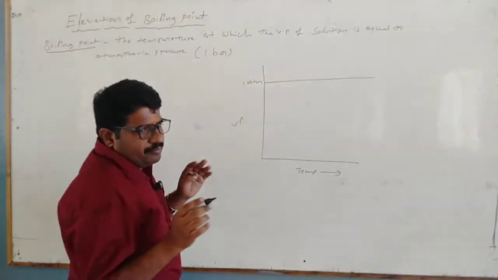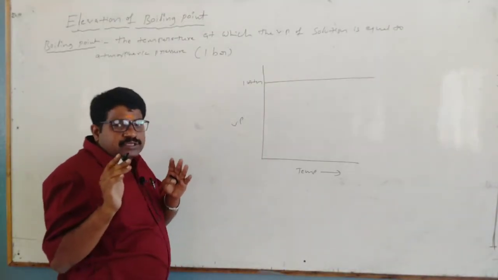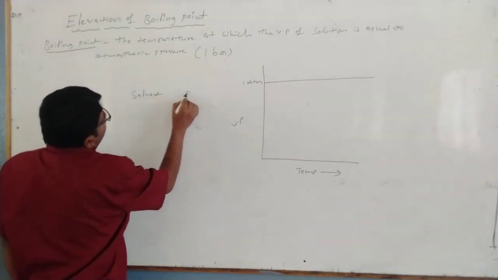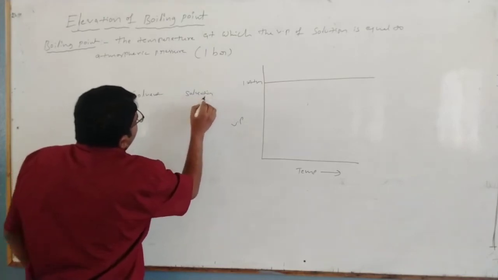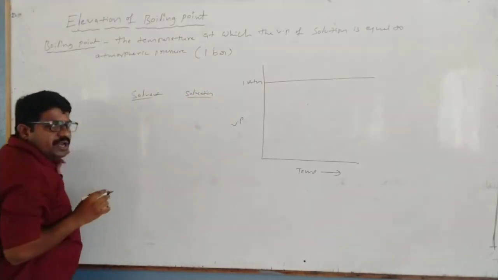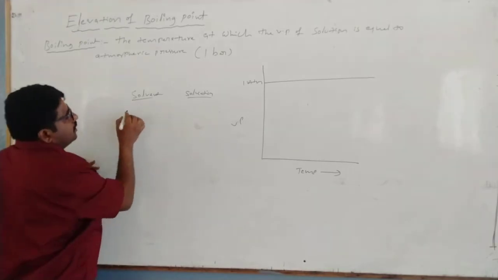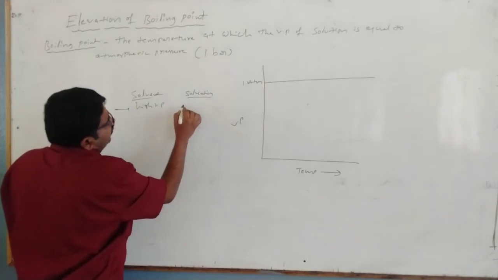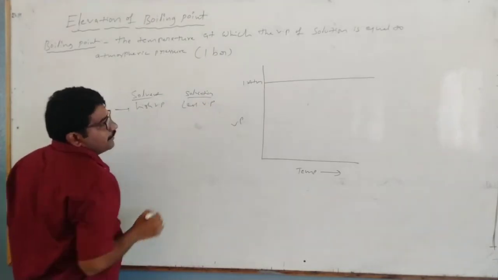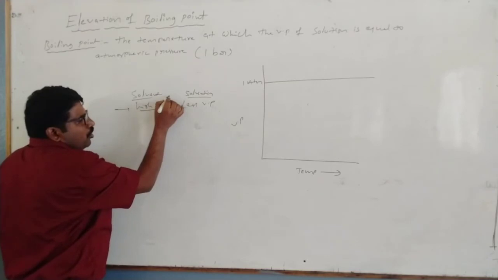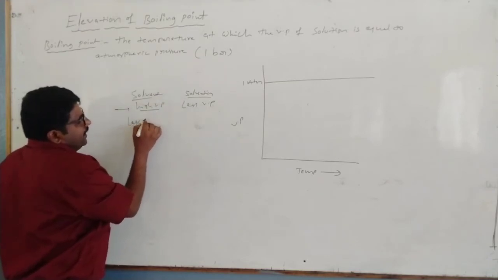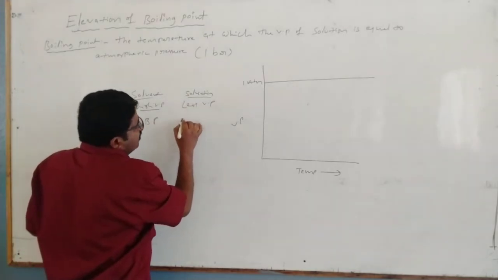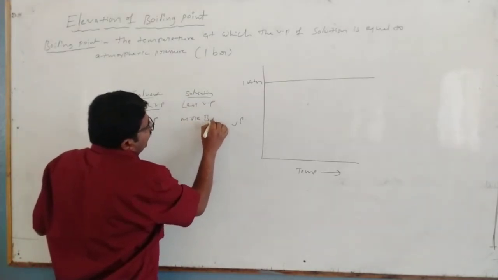Generally, between solvent and solution, which one has high vapor pressure? The solvent has high vapor pressure, and the solution has less vapor pressure. If vapor pressure is more, the boiling point is less. The solution has more boiling point.